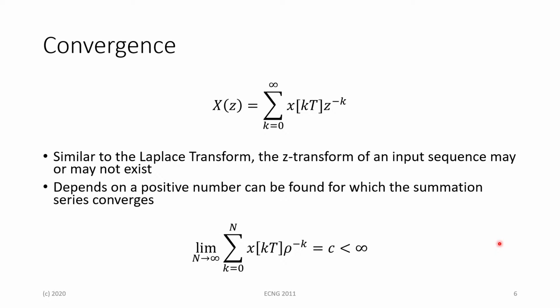But if the summation series does not converge, we will not get an associated Z-transform. Thankfully, throughout this course, all the solutions will converge to some finite value, and there will be one instance where you can actually solve for an infinite or non-convergent solution, which we'll discuss later on in tomorrow's lecture.